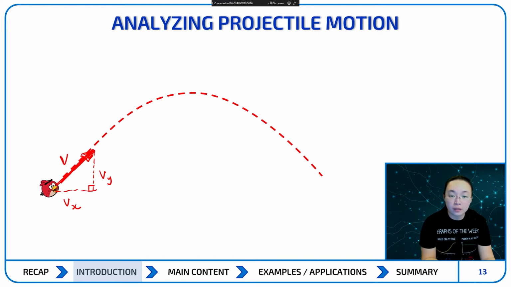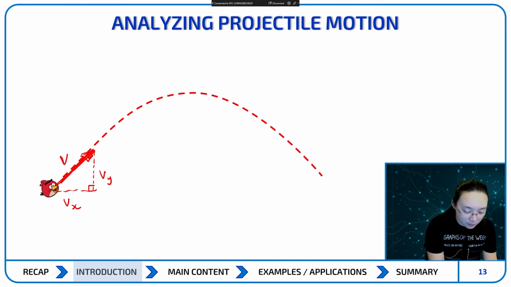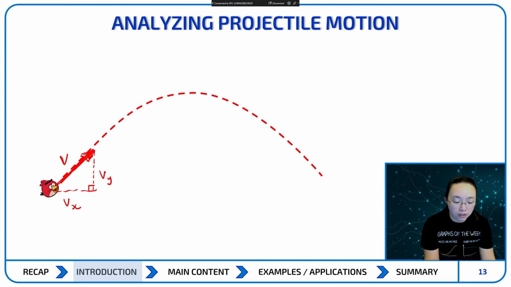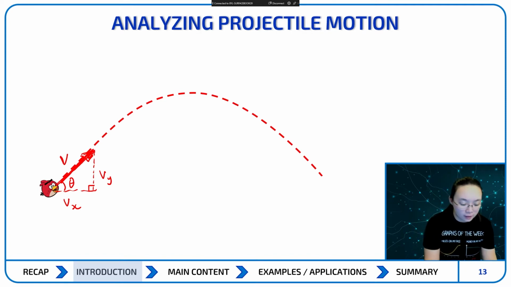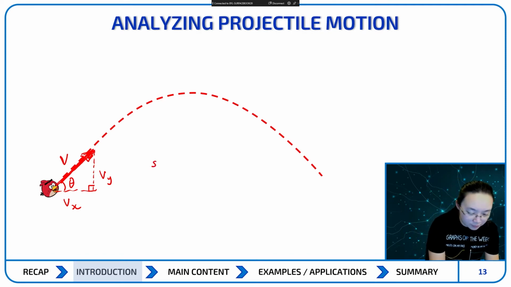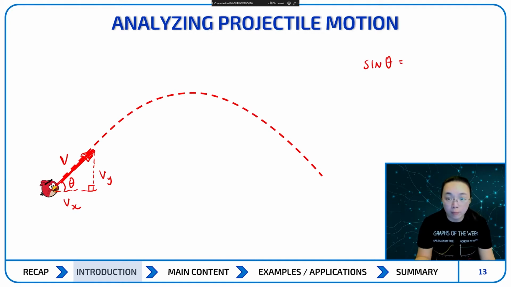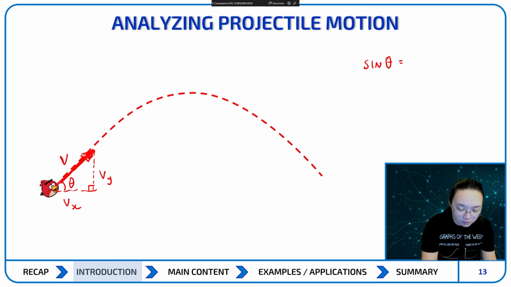In terms of the vertical velocity, I can use trigonometric rules. If the initial velocity is angled theta from the horizontal, then I can use sine. I can use sine of theta, which is equal to opposite over hypotenuse, which is Vy over V. So Vy is equal to V sine theta.